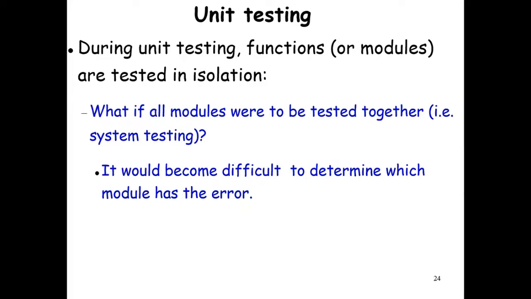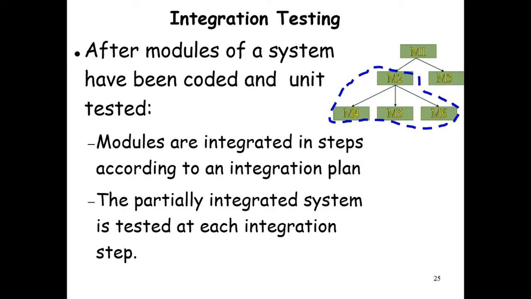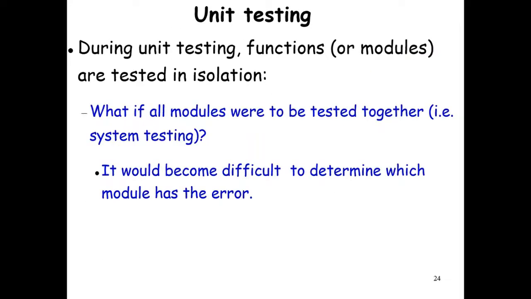If a developer has developed all the modules and then tries to test all of them at once, sometimes he will not be able to figure out the error and in which module that error has occurred. So testing in isolation is a must. That's why unit testing is one of the important steps for the developer.